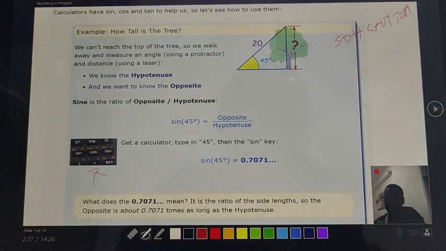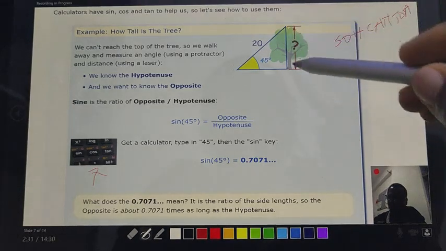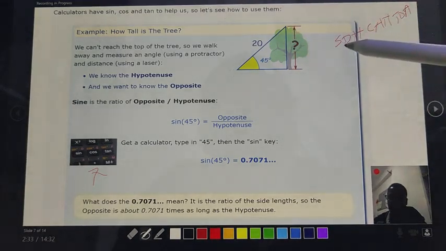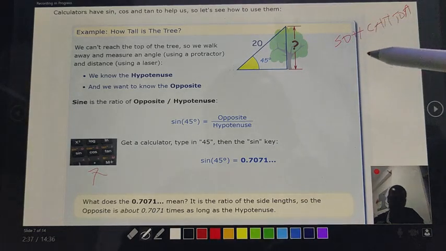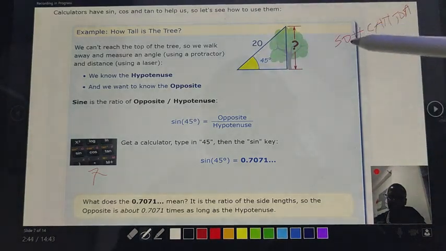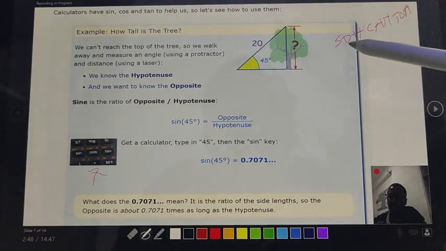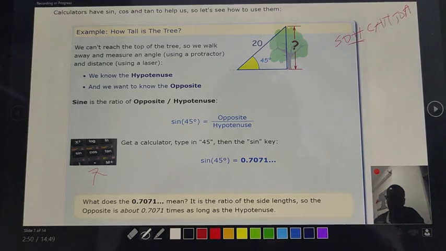I'll put it there deliberately. So in this case, we want to find opposite, which means there has to be O in whatever you're doing. We also know the hypotenuse.